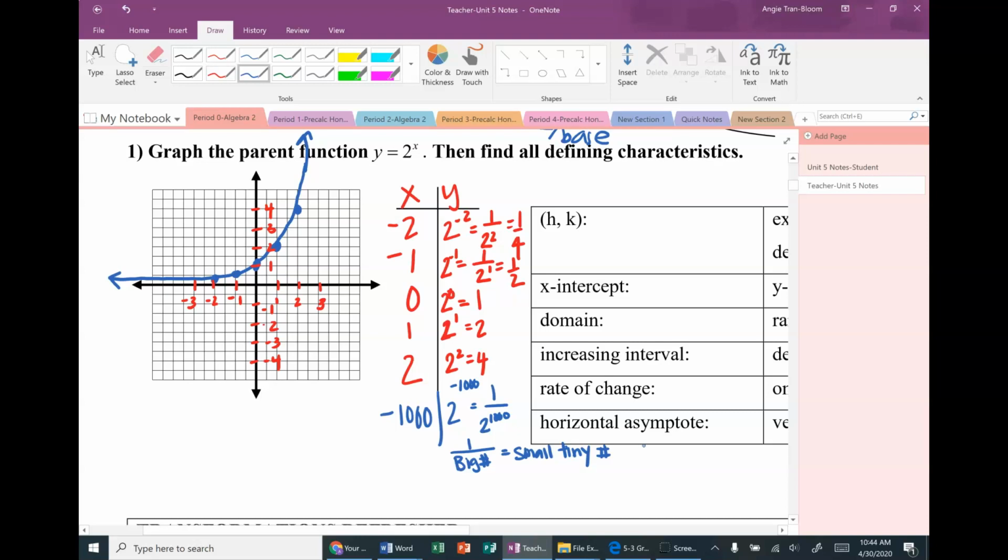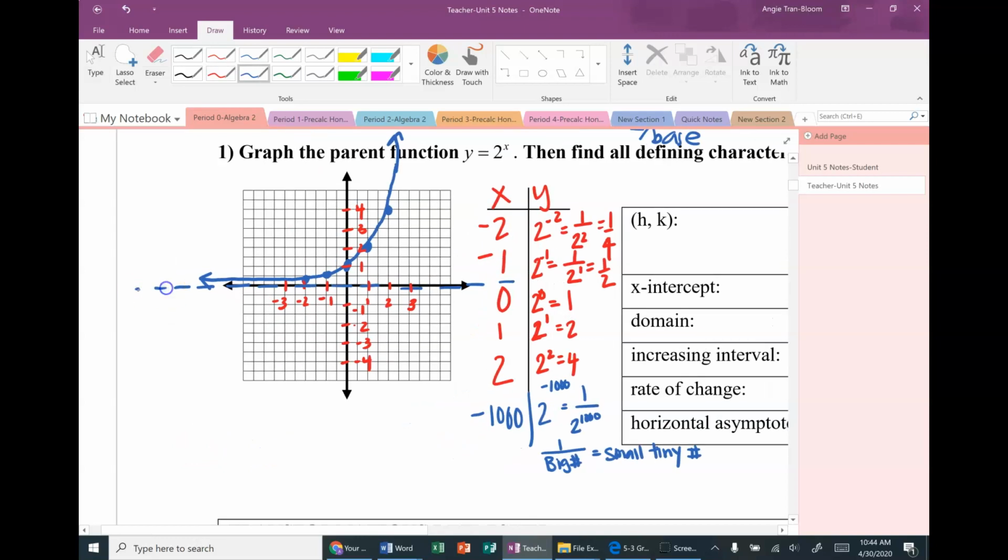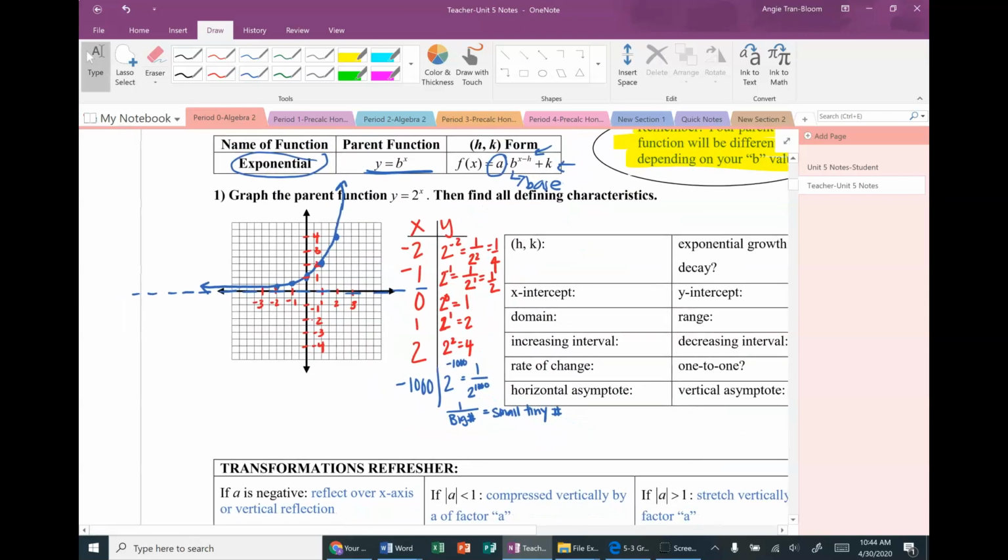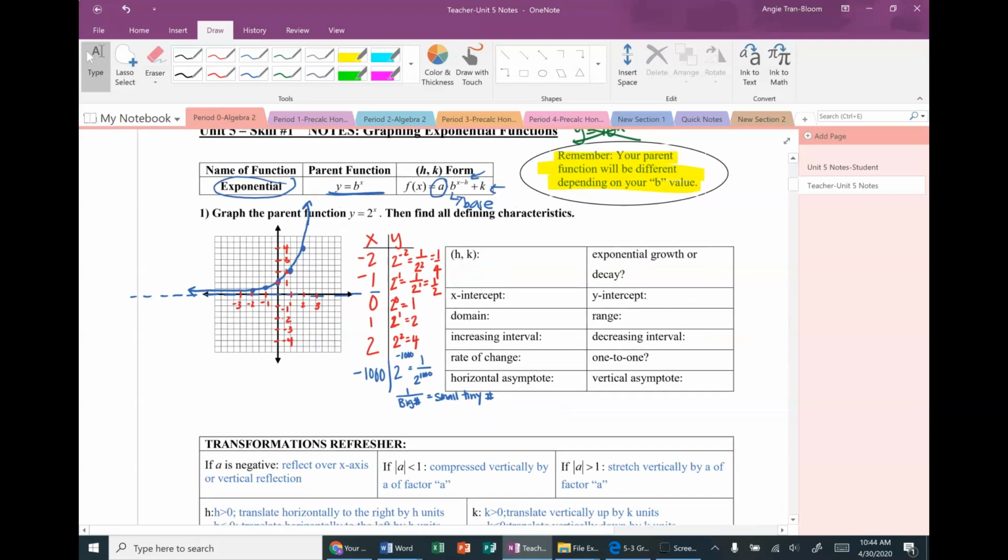So what's happening is you have an asymptote right here. Remember, an asymptote represents what it cannot be. So an asymptote means y cannot ever be 0. In addition to that, y can never be negative either. So the range for the exponential function is y must be bigger than 0.